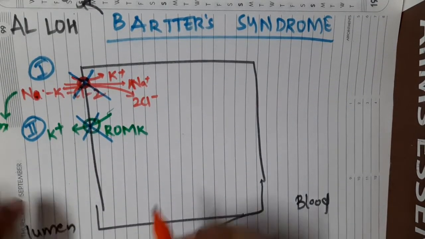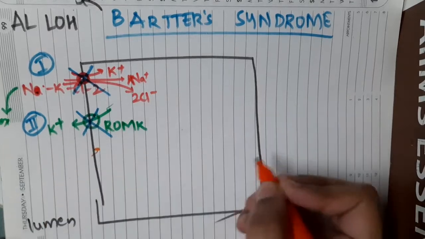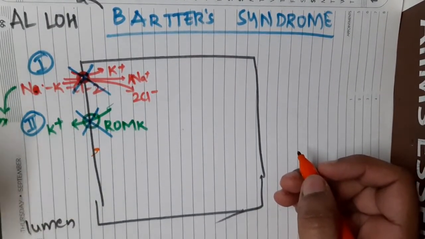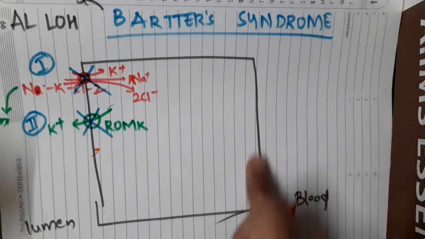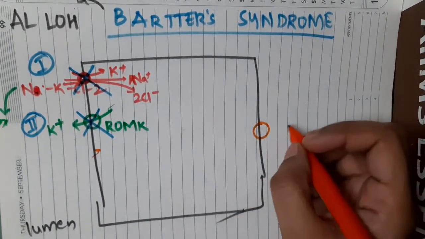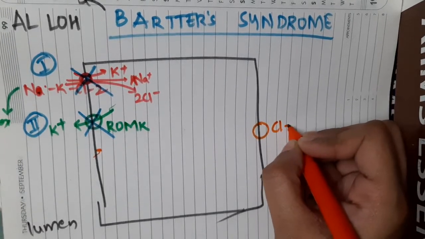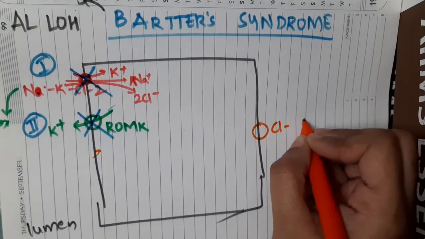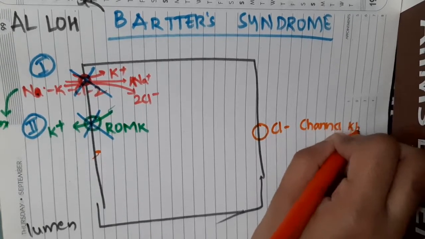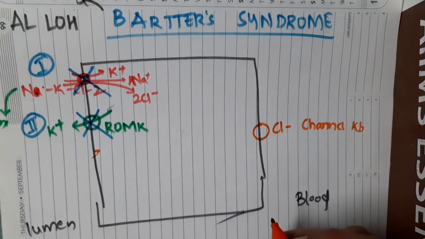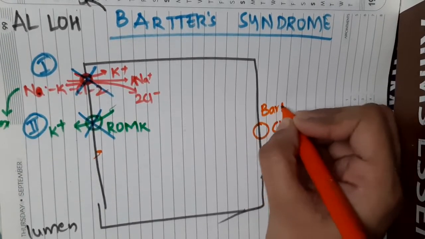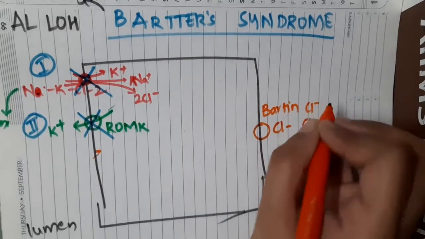Next we have one more channel, but this channel is present in the basolateral membrane, that is here. This channel is called chloride channel Kb, also called the Barttin chloride channel.